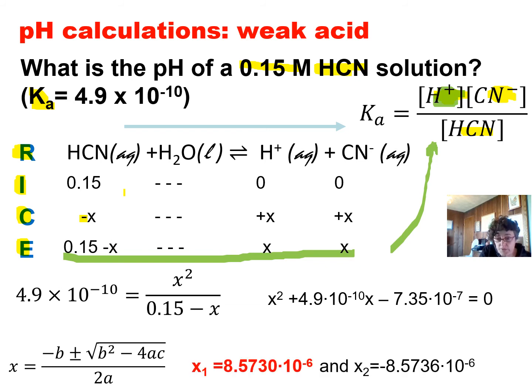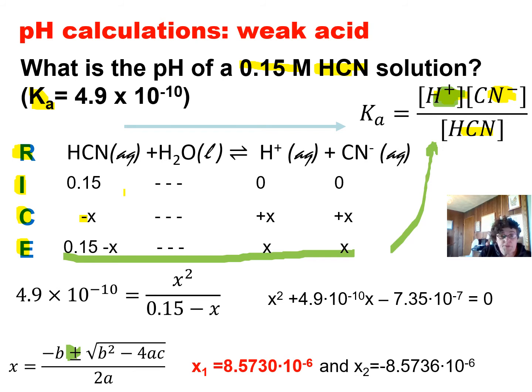Anyway, you can solve it, and as usual you get two solutions, because there is a plus minus here. One of the solutions is positive, the one in red. The other solution, the one in black, is negative. Just because math tells you that there are two solutions, it doesn't mean that they both make sense.